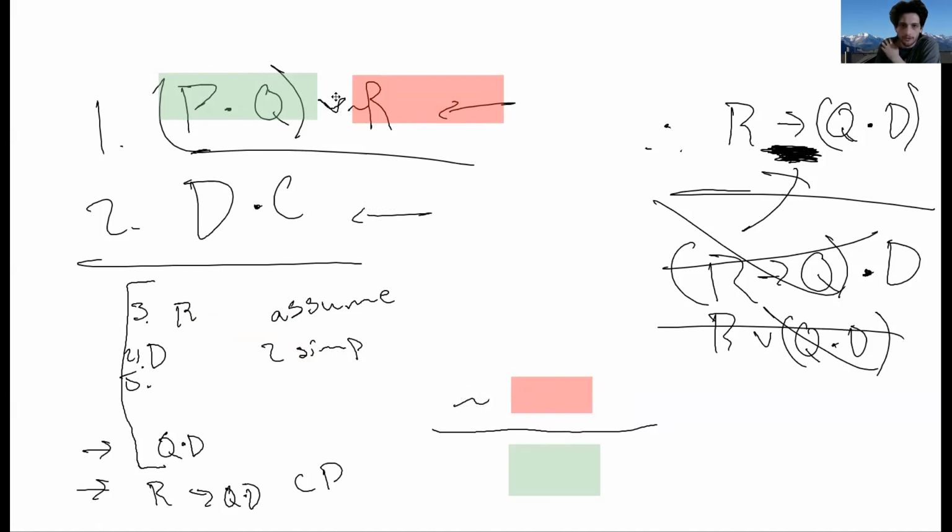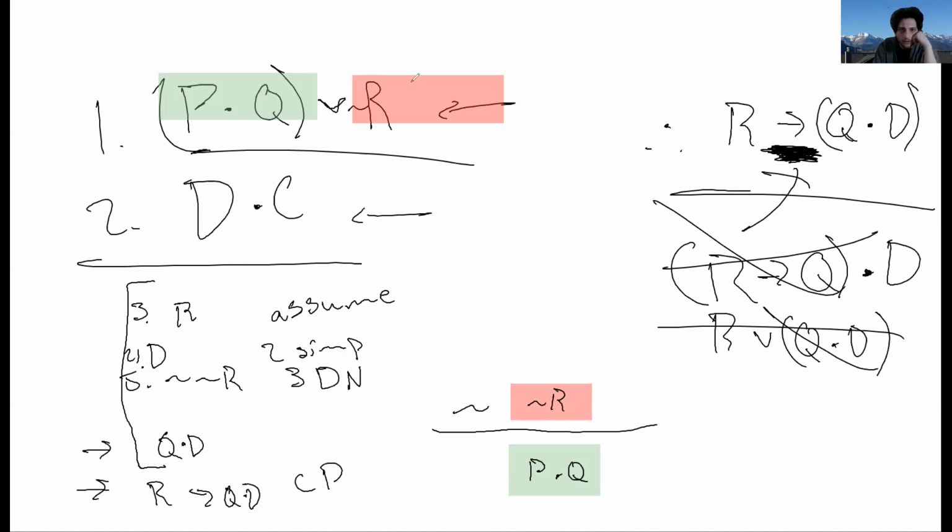If we've already found this up here, that means the green we're supposed to be able to find is P and Q, and what we're supposed to find in the red box is not R. So we need to find not R over here, and all we have is R. But if you remember, that's actually close. We have that rule, double negation, that allows us just to throw on two tildes as we please, because they are in fact the same sentence. To say it's not the case that R is false is just to say that R is true. So this is just going to be 3 DN.